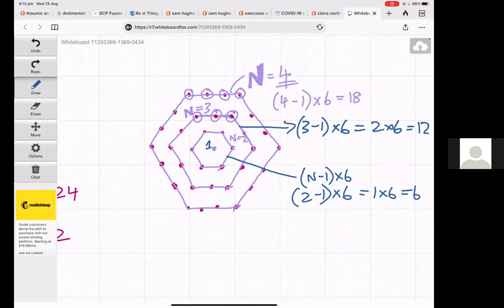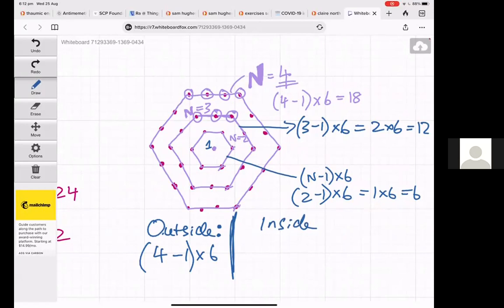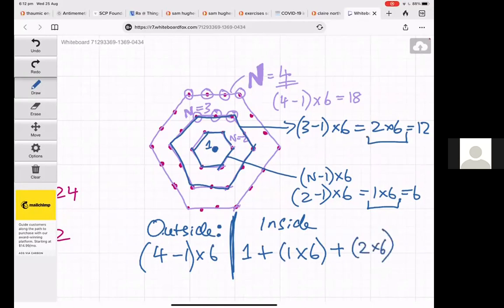So basically, outside we have 4 minus 1 times 6. But on the inside, we have to add all these values up. We start with our 1 dot, 1, plus 1 times 6 for the next hexagon, plus, for the next biggest hexagon, 2 times 6.